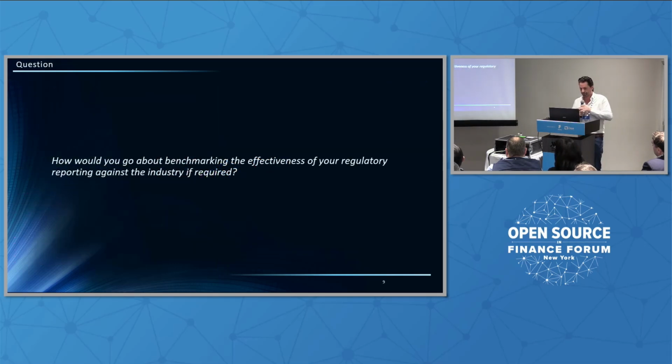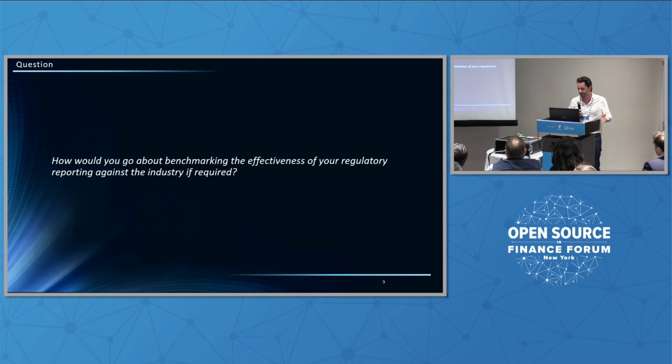Okay, so if you were asked to benchmark the effectiveness of your regulatory reporting, hopefully some of you do regulatory reporting or are involved in it, how would you? This is just a thought question. How would you go about benchmarking your effectiveness against the industry?